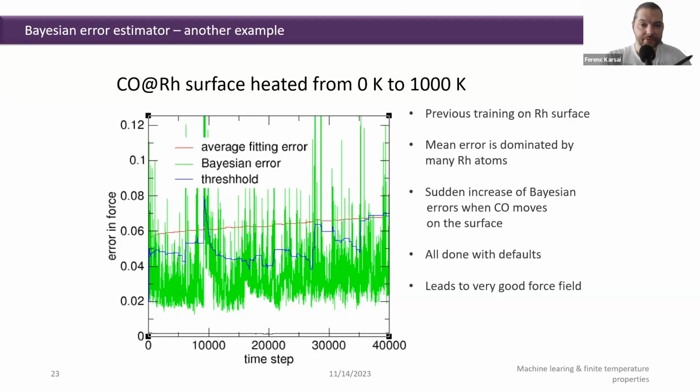Nevertheless, we would sample a lot here, so we ended up with a lot of training structures and local reference configurations. You see this because many times you go over this threshold, but the resulting force field was quite good. So I just wanted to give you this as another example of how this learning curve can look.